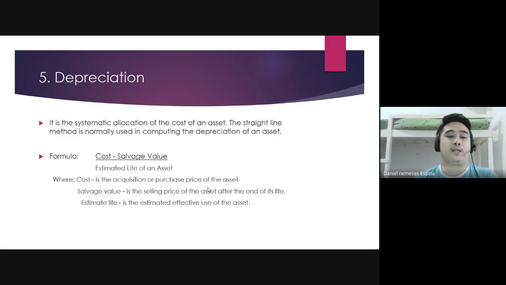And then divided by the estimated life, the number of years or the period that the asset is expected nga maka-benefit sa atoa or sa business. It can be building, machines, furniture and fixtures. As long as categorized as an asset, so mga non-current assets, we can depreciate them.